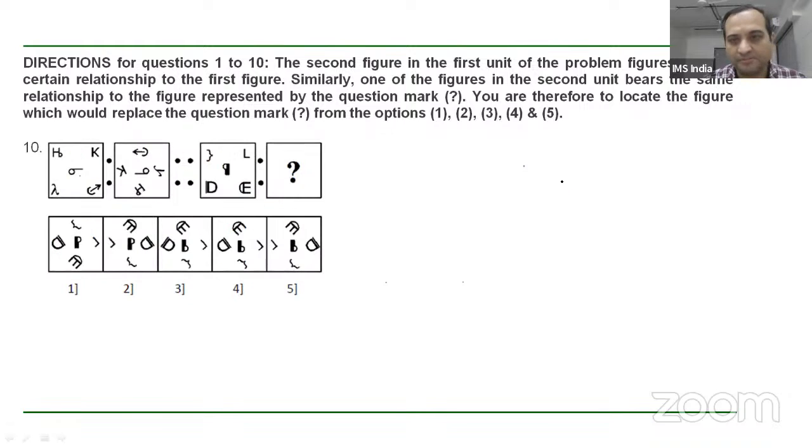Come on. Next question. Sakshi, check Sakshi. Yes, only Omkar has given right as of now.